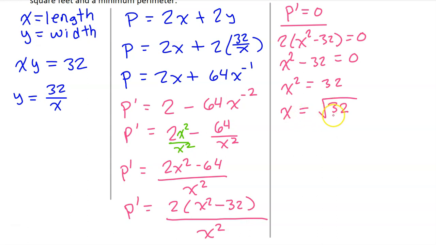So positive radical 32. This is the only critical value because the other critical value would come from p prime being undefined, which would mean that the denominator would have to equal 0. But if you take an already positive number and square it, you will get a positive number, not 0. So forget about that.